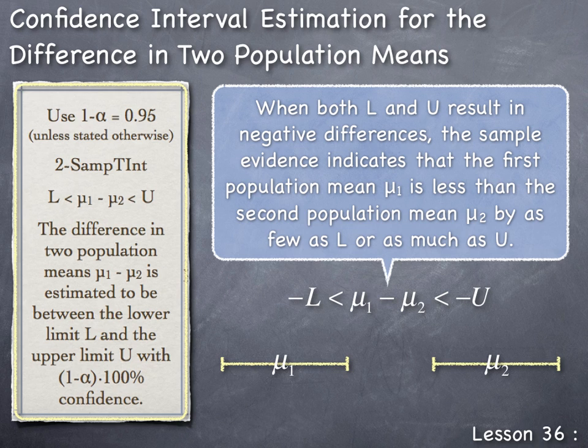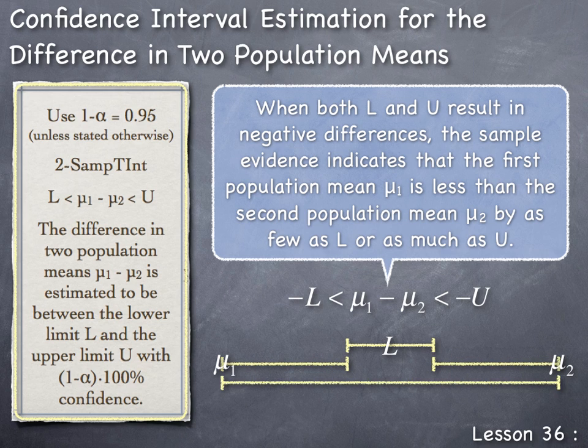The confidence interval for the difference in the two means is telling us that based on this confidence interval estimate, it's estimated that the means could be as close as L units away from each other, or these means can be as far as U units away from each other, or anywhere in between. So here the difference in the two population means, mu1 minus mu2, can be as few as L units away or as much as U units away, with this 1 minus alpha times 100% confidence.